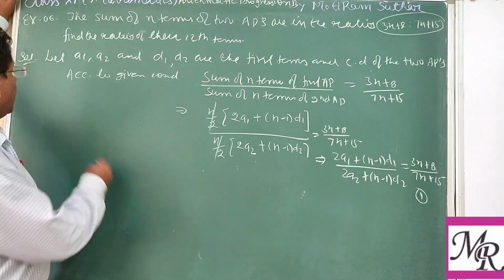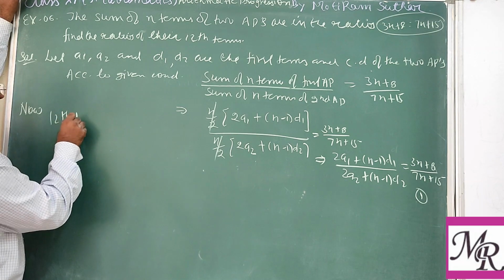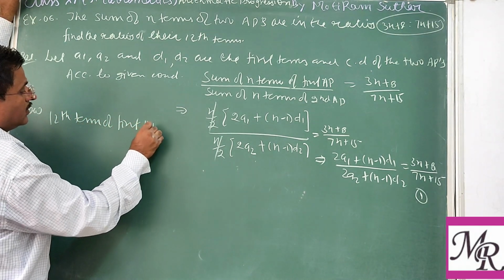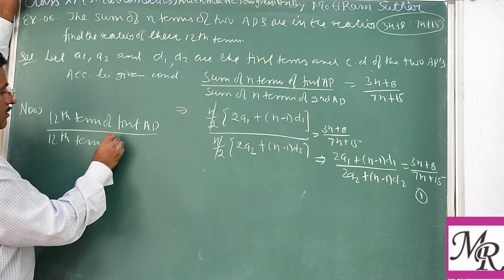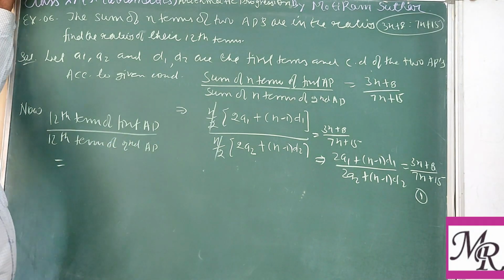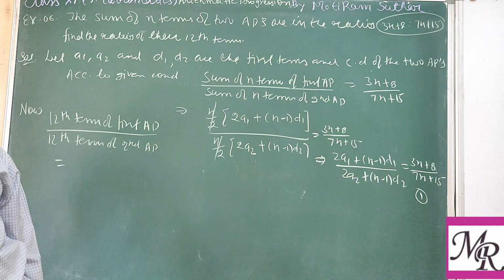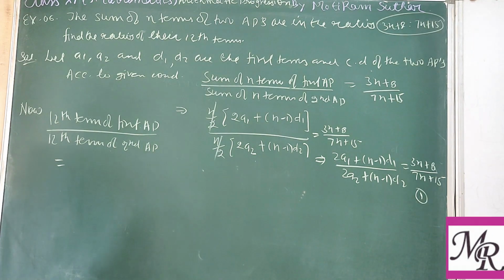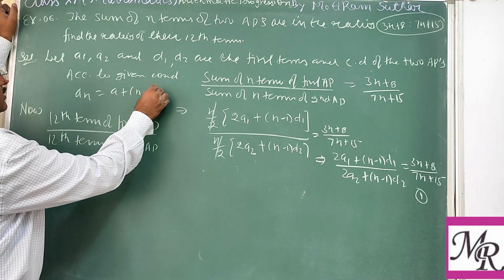So now we want to find the 12th term of the first AP upon the 12th term of the second AP. You have to find the ratio of their 12th terms. So now the 12th term of an AP we can write by using the formula an is equal to a plus n minus 1 into d.